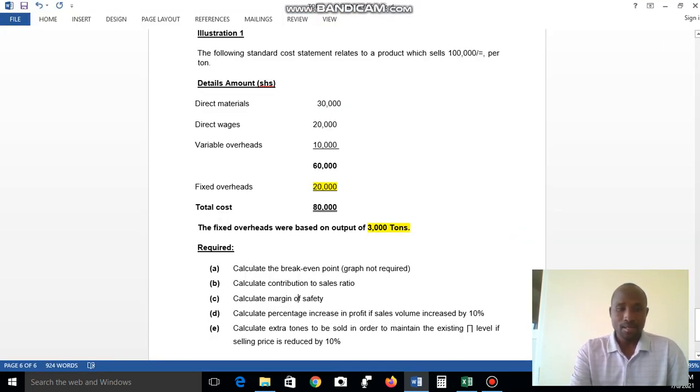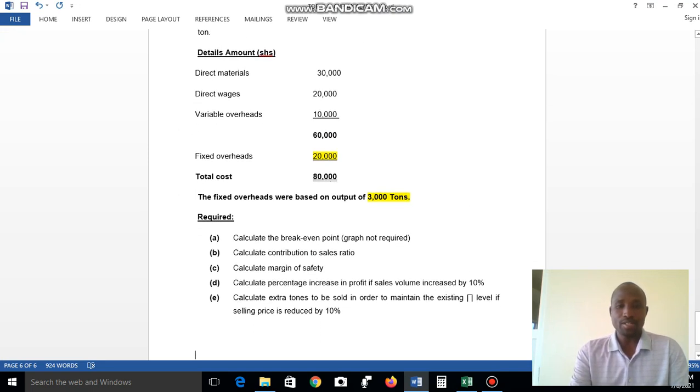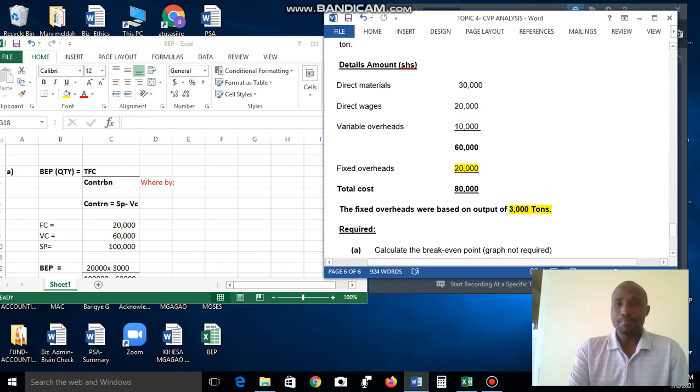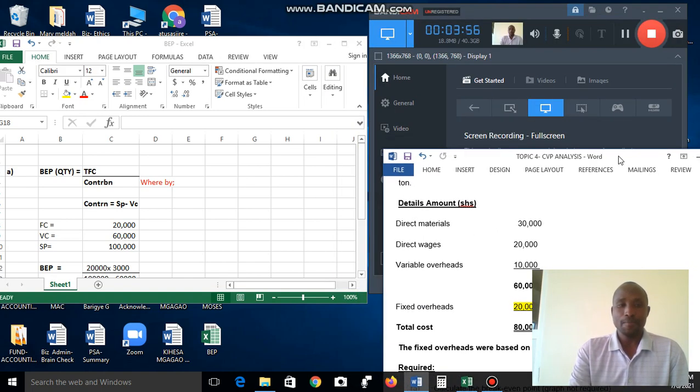They are saying calculate the contribution to sales ratio. So that is part B of the question.